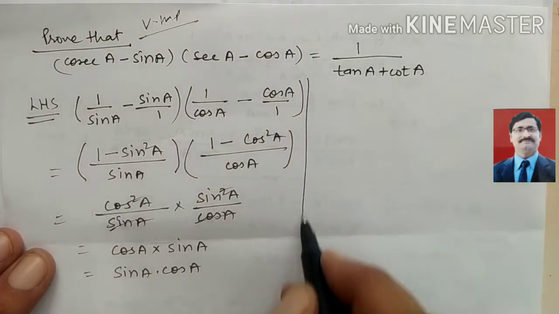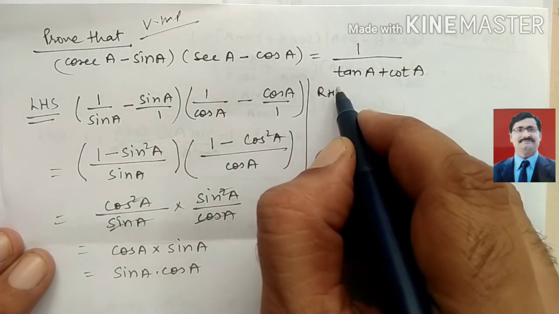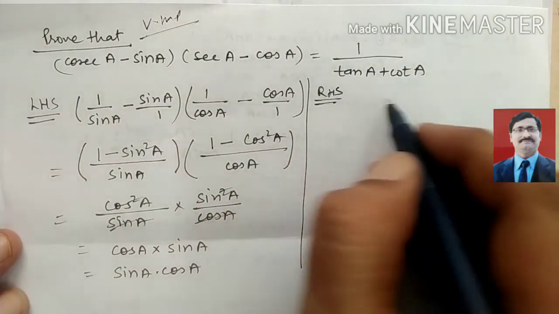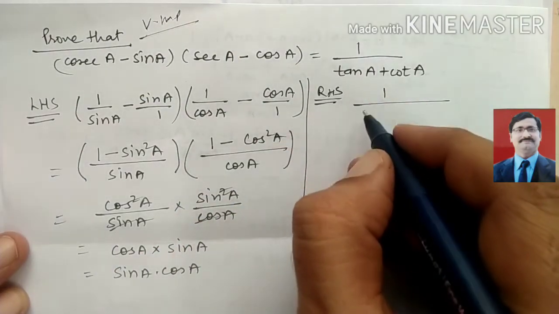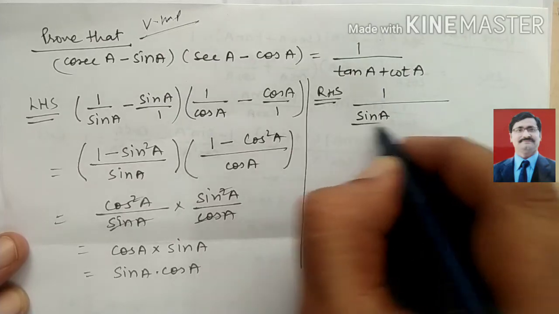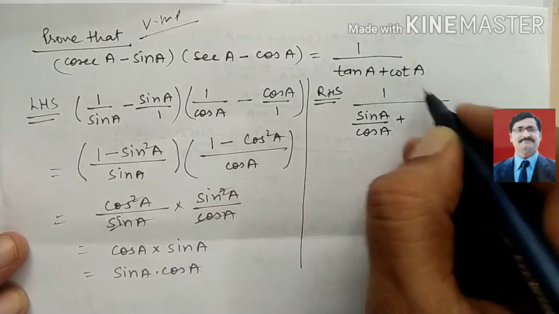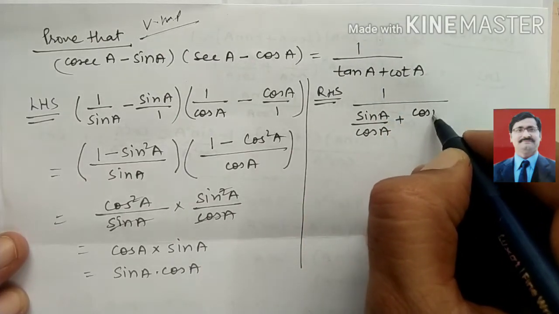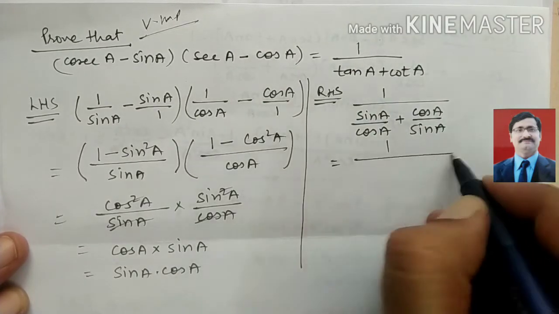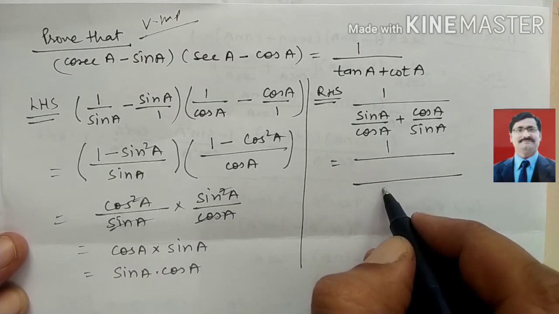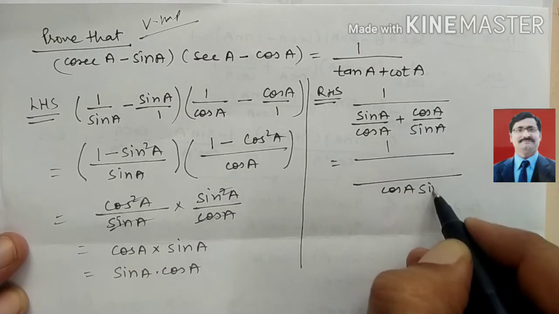In the same way, we solve the right hand side. This also you convert into sin and cos, so tan a you can write as sin a upon cos a, and cot a we can write as cos a upon sin a. In the denominator you take LCM, which is cos a into sin a.